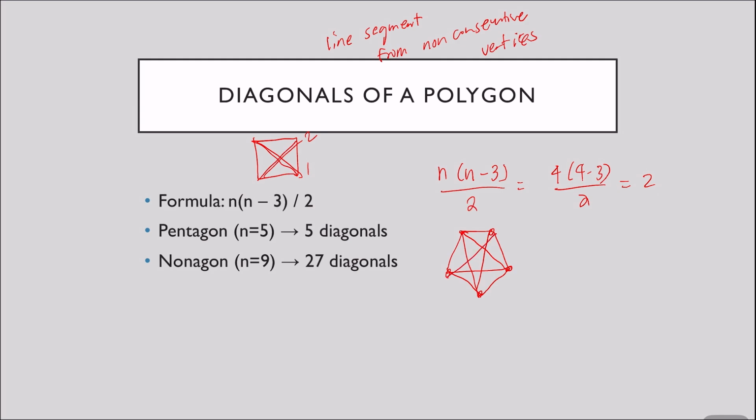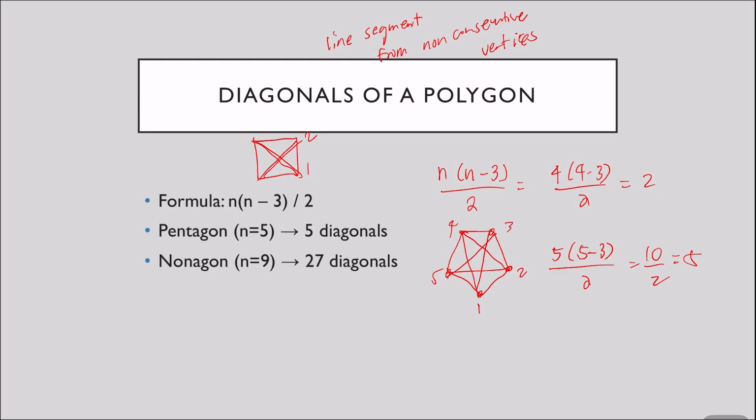So, when you use the formula, 5 times 5 minus 3 all over 2. 5 minus 3 is 2 times 5 is 10 over 2. So, equal to 5. There we go. 1, 2, 3, 4, 5 diagonals. Okay? So that's how we determine the number of diagonals.